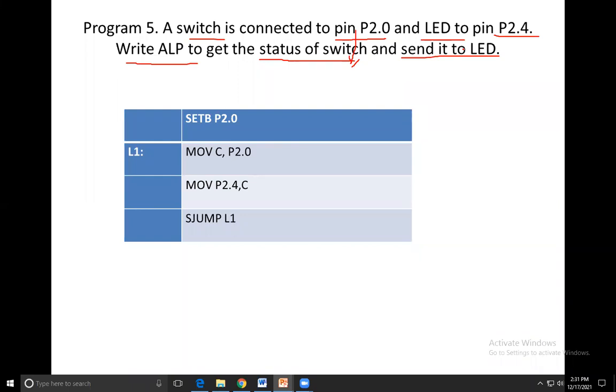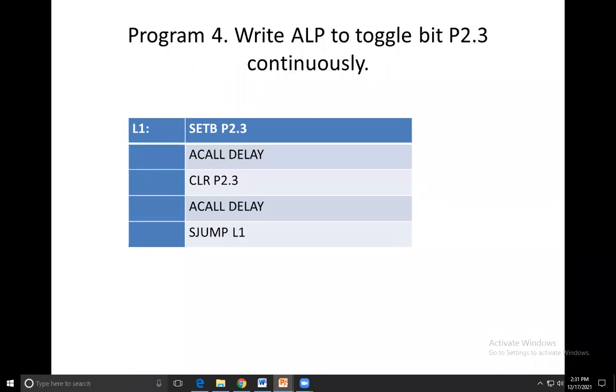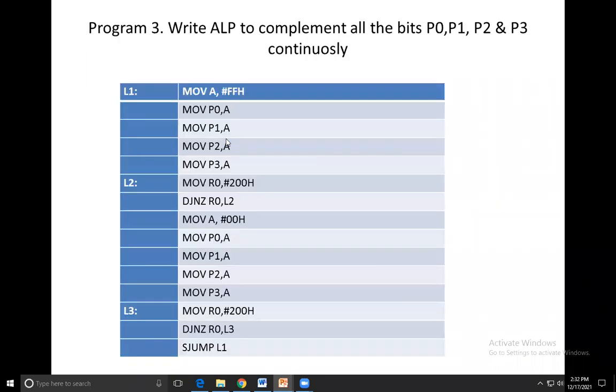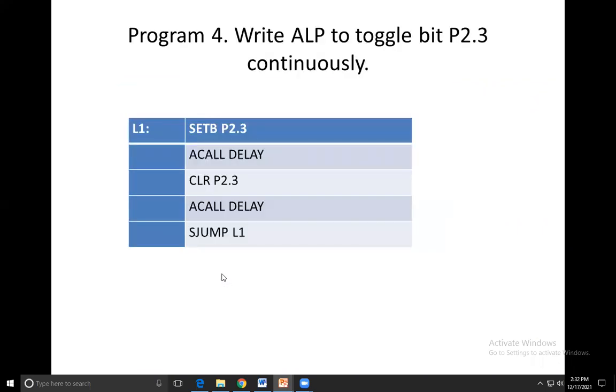Here I am using MOV C, P2.0. There is a need to take the accumulator, or you can take any register, for the value of the port. Here we are not using the accumulator. Each and every time we have to use the accumulator for each port, but here I'm not using the accumulator.